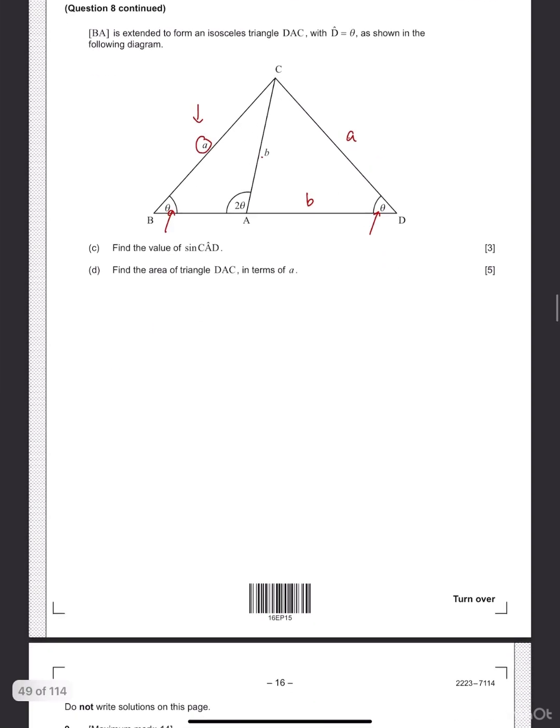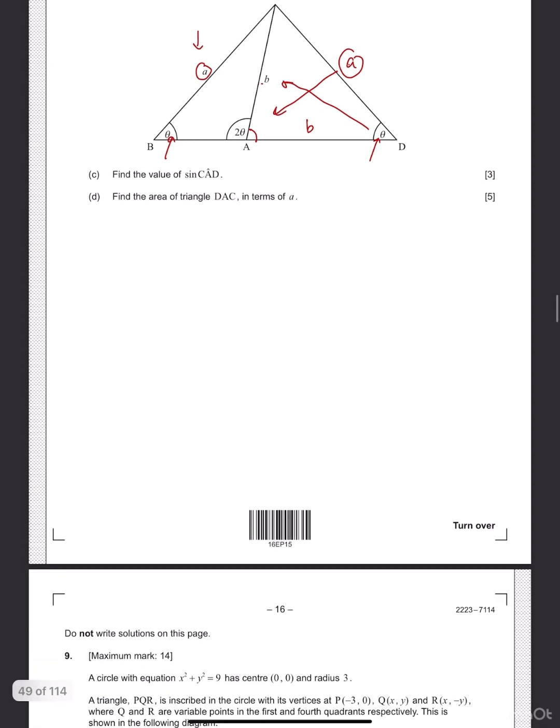They want us to find the sine of CAD. We have the opposite sides, and we can find it using the sine rule.